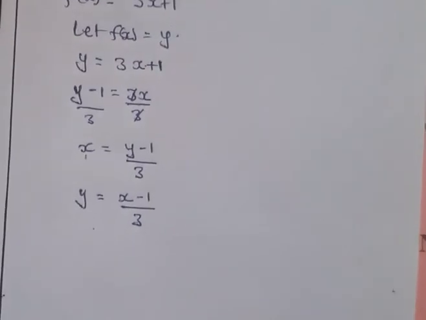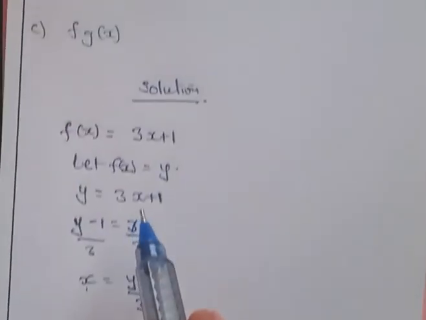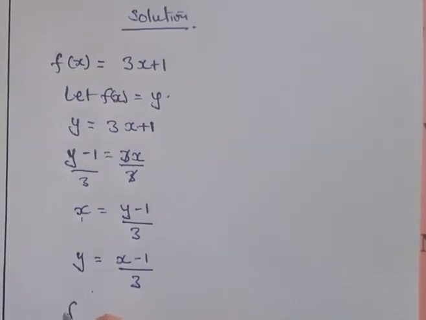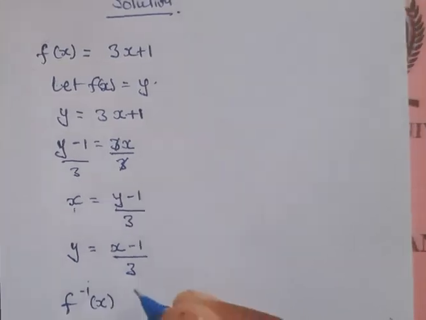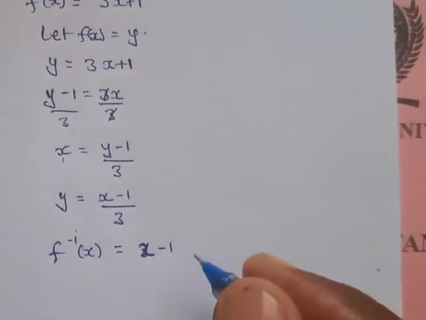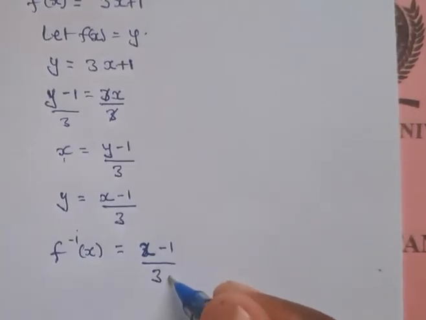So the inverse of this function, we're going to write as f inverse x is equal to x minus 1 over 3.